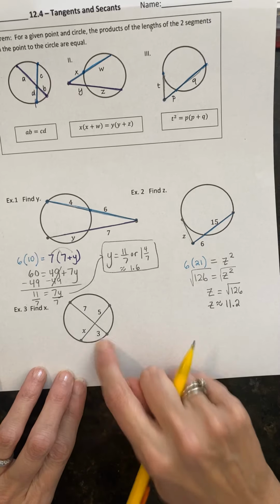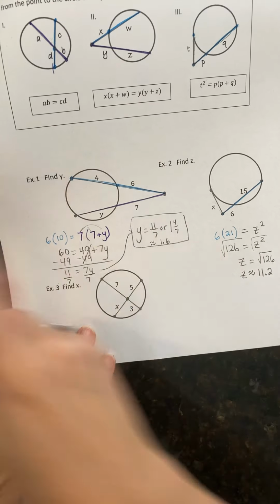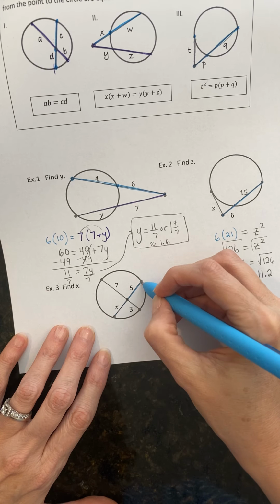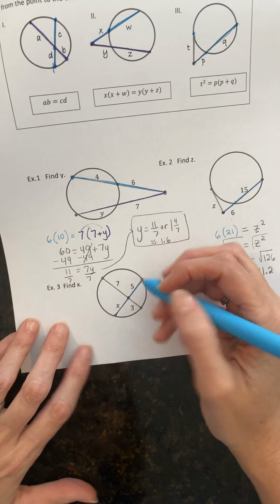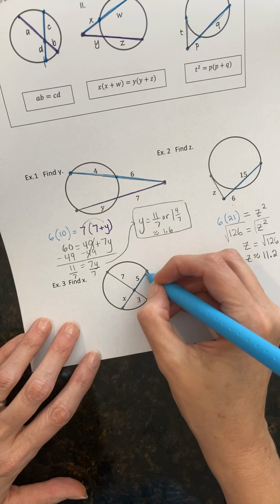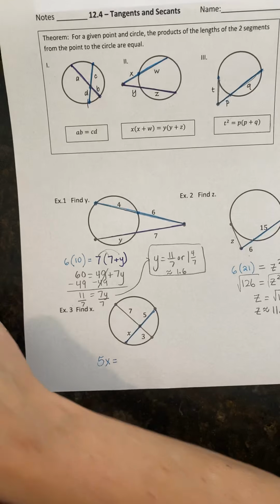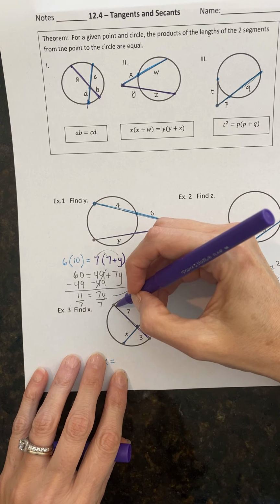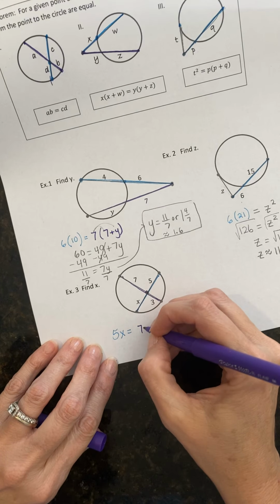Okay, and then this is the easiest scenario. It looks like scenario 1. See on this segment, there are two distances to the circle from that point. The point to the circle is 5 and the point to the circle is x. They're on different sides of that point, so it's a little easier to see. So distance to the circle times distance to the circle, 5 times x. And then on the other one, from the point to the circle, one distance is 7, and the other distance is 3. 7 times 3.